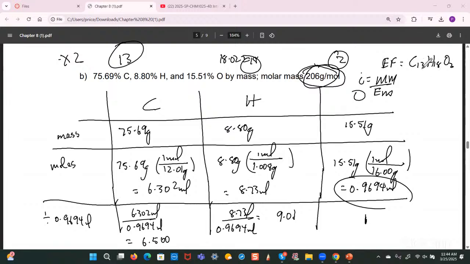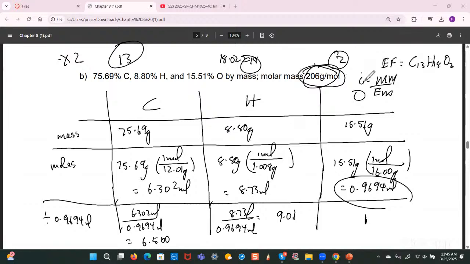Okay, so I'm just going to do a quick calculation of that here. Carbon is 12.01 times 13 for the carbon, plus for hydrogen 1.008 times 18, plus 16 for the oxygen times 2.